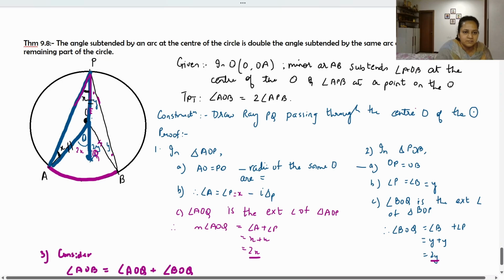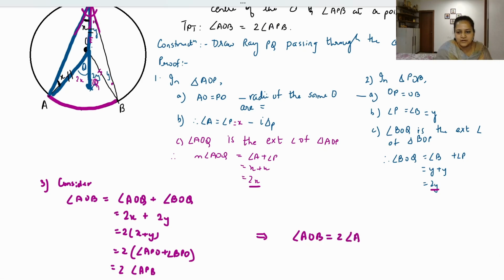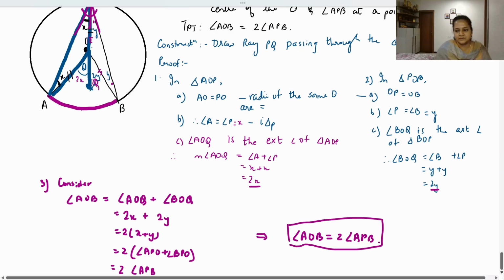APO, BPO will give me this entire angle, APB, which is 2 times angle APB. And this is same as writing that angle at the center of the circle AOB is double angle of APB. Right? Hence the theorem.